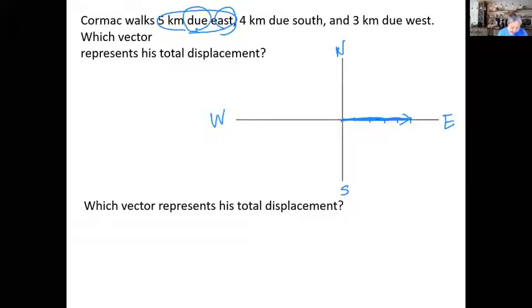Then from there, this person moved 4 kilometers south. So moving 4 kilometers due south means 1, 2, 3, 4 down here. So now the second vector will be here. 1, 2, 3, 4. Maybe I can erase this.